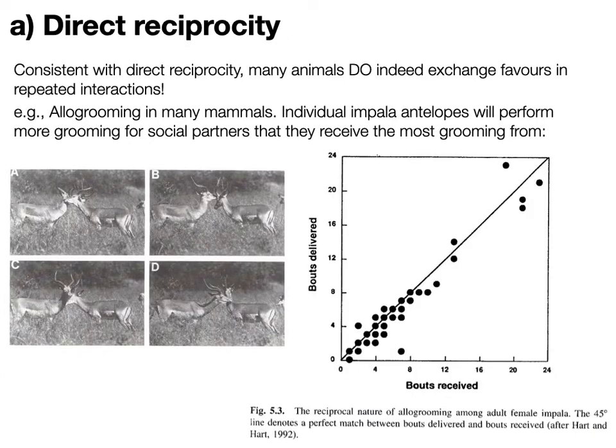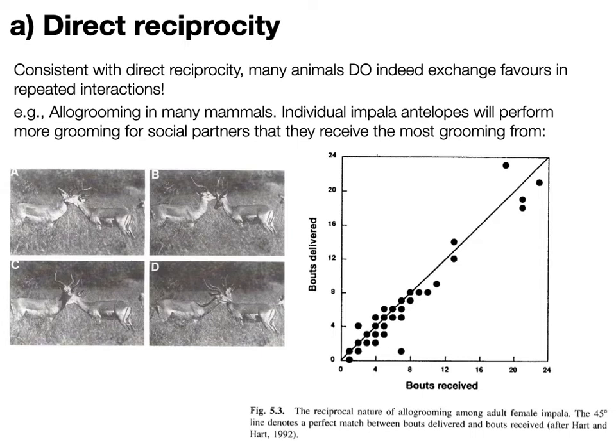Okay, so consistent with the theory, we see that many animals do indeed exchange favors through repeated interactions. And the graph you're seeing on the screen is from an almost 30-year-old study of impala in Africa. And so impala, like many other mammals, do allogrooming. Allogrooming is where one individual grooms another. Even peacocks I've seen doing allogrooming.